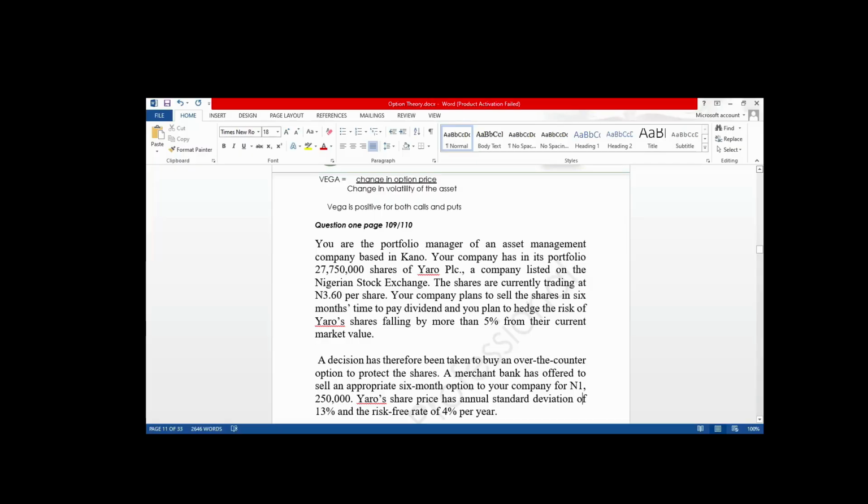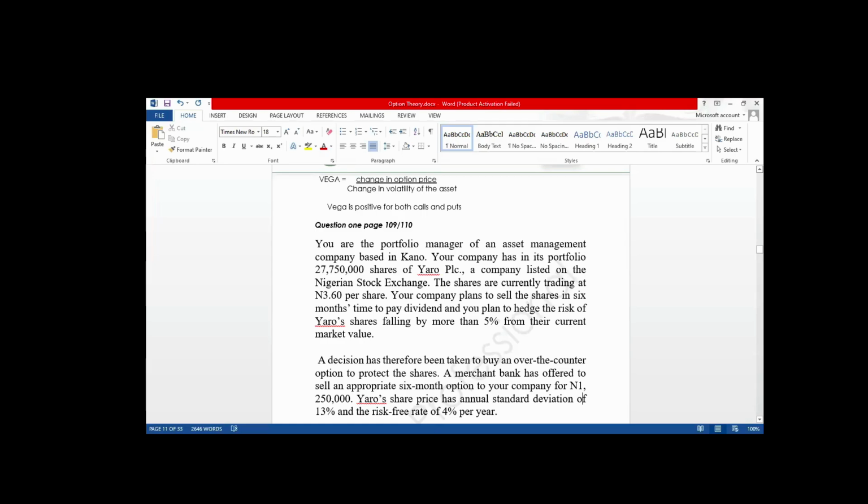That is, if the share price should fall, that will reduce your investment value. If the share price should rise, you will be happy. That means you are going to get more money at the point of selling in 6 months.